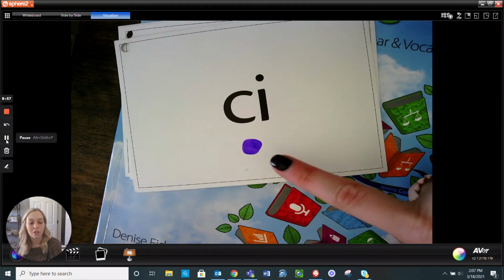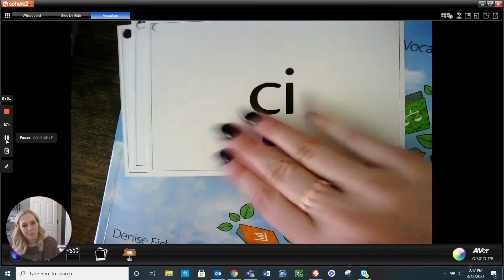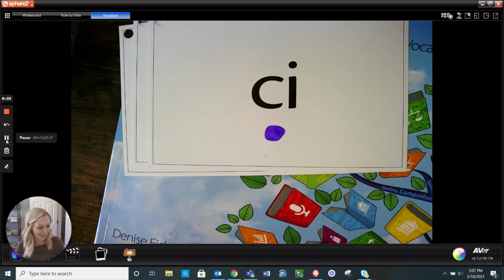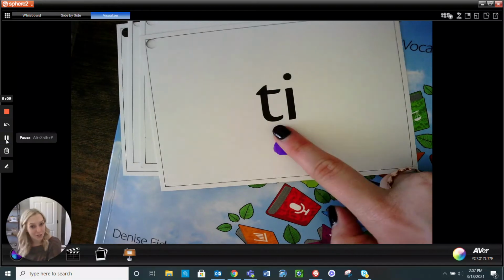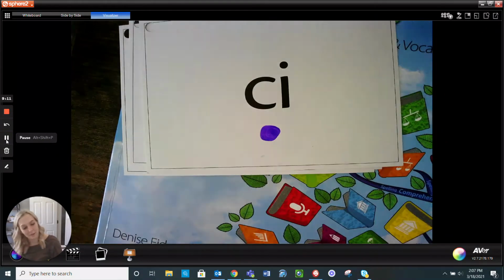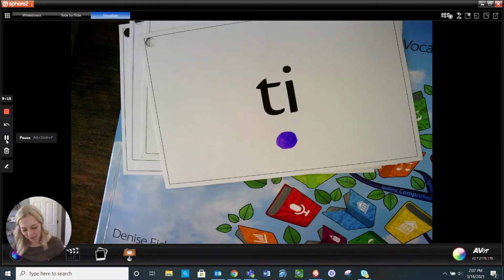Sh, short, sh, used only at the beginning of a syllable after the first one. And sh, tall, sh, used only at the beginning of a syllable after the first one. I just had to check that because it's kind of wordy.